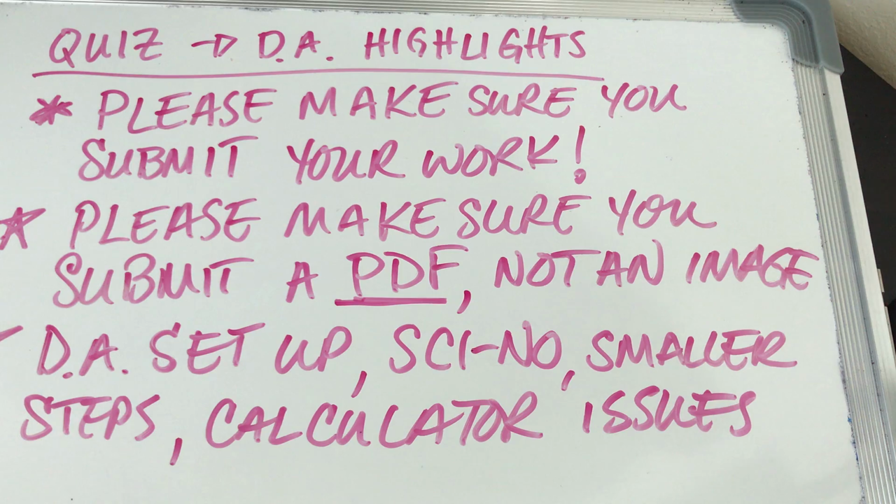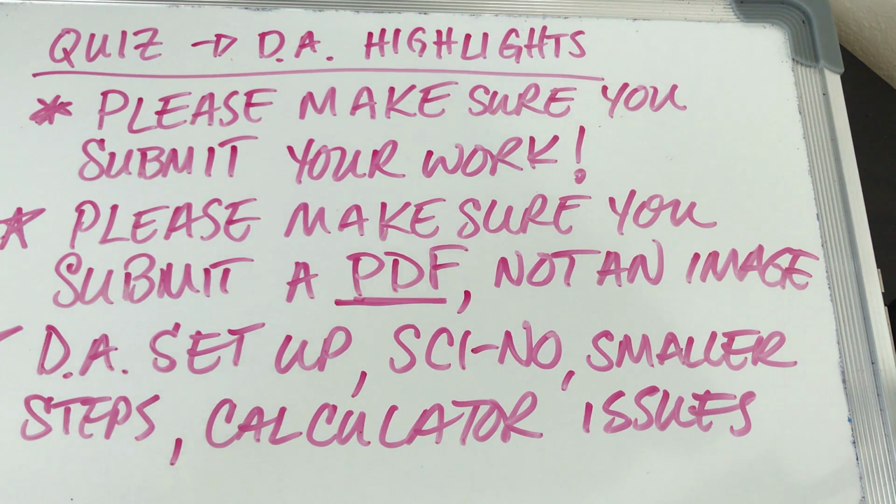It looked like some people were struggling again with the dimensional analysis setup. A couple of people I saw still had their signs backwards, so having negative exponents be really big numbers or positive exponents be really small numbers. Taking smaller steps: I did see some people were trying to use conversion factors that I was a little bit confused about how they got.